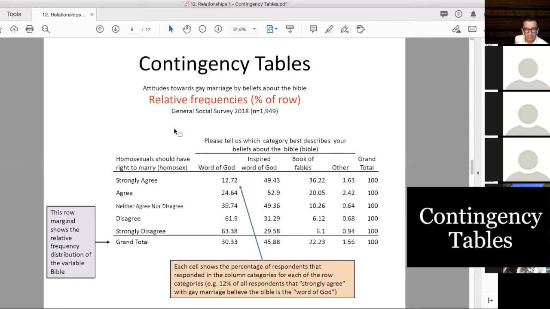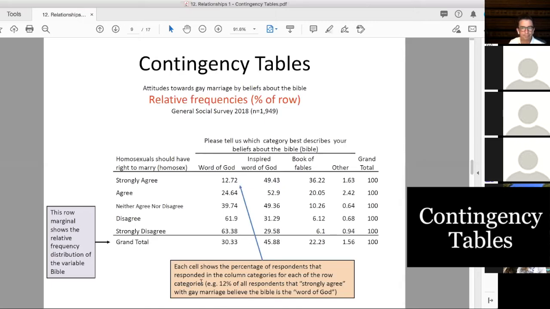The second option is we could express the numbers as percent of row, right? In this case, we would get the percentage of respondents that responded in the column categories for each of the row categories.